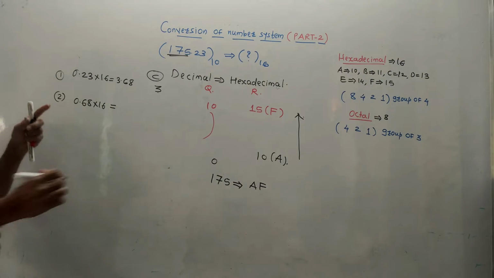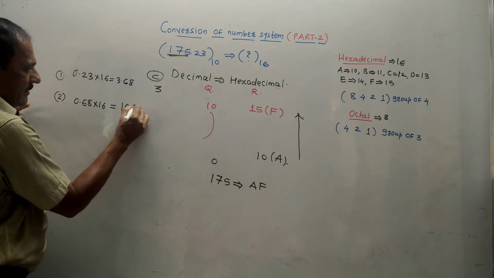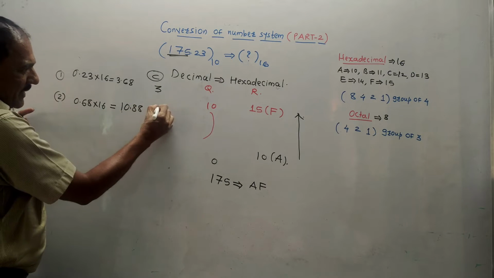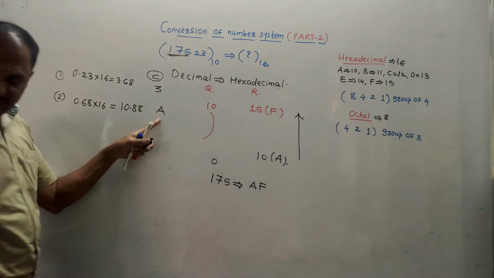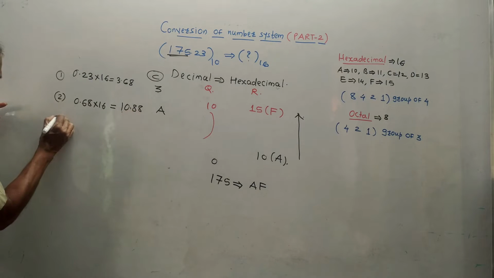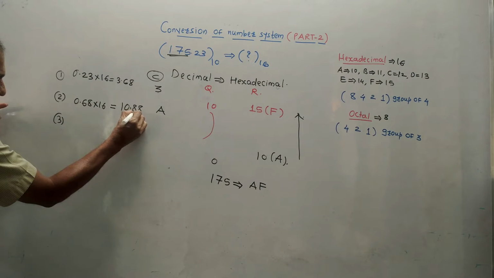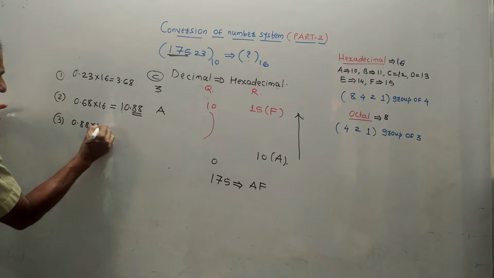Calculate the answer on the calculator. It is 10.88. So carry is the integer part, which is 10, but 10 corresponds to A. So I am directly writing carry equals A. Now consider the fractional part. The fractional part is 0.88. So I will be doing it like this, 0.88 into 16.